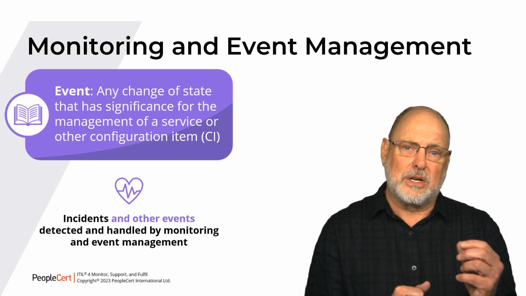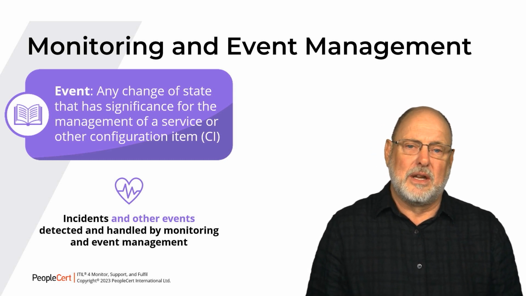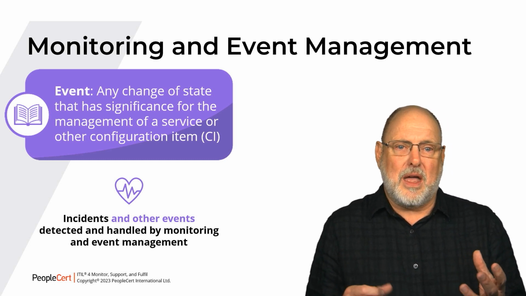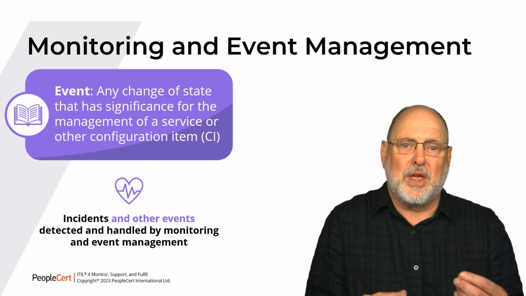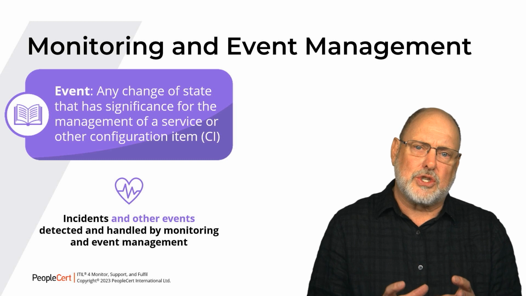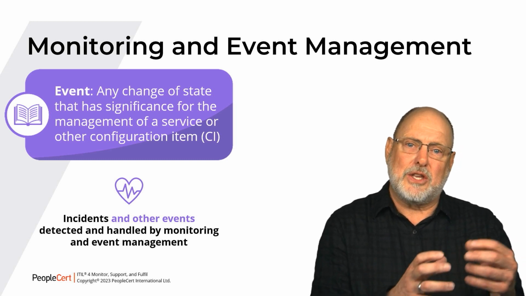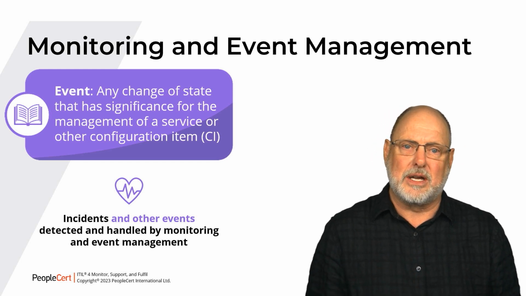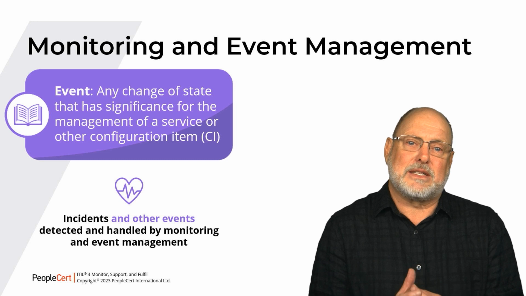Every time a user logs into a system, that is potentially an event. Anytime a transaction is processed by a device, that is potentially an event, something is happening. The question is, do we need to know about that happening in order to manage the service or a configuration item? If we do need to know about it, we classify it as an event.